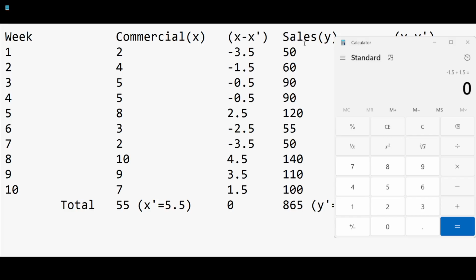So that is 50 minus 86.5, which is our mean. Negative 36.5. 60 minus 86.5, that is negative 26.5. Then we have 90 minus 86.5, so that is 3.5.